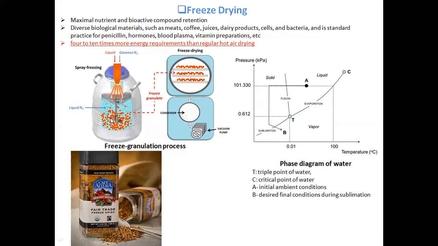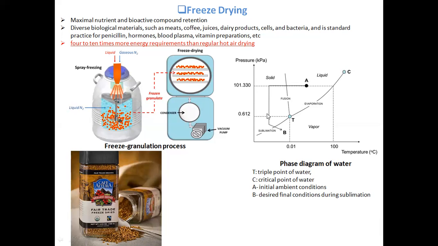Initially your coffee is at A, then if you slowly reduce its temperature up to this, and after reducing temperature as shown here, it is at this point, and suddenly you can reduce the pressure in the second section from 101 kilopascal, means 1 bar, to 0.6 kilopascal, means vacuum.